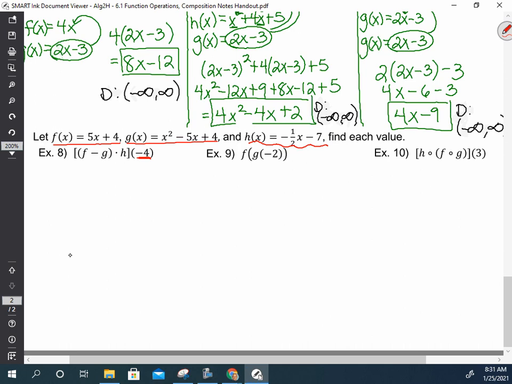So this is the same thing as f of -4 minus g of -4 times h of -4. Take -4, plug it into f, take -4, plug it into g, subtract those, take -4, plug it into h, and then multiply it.